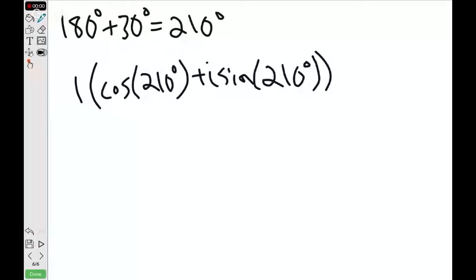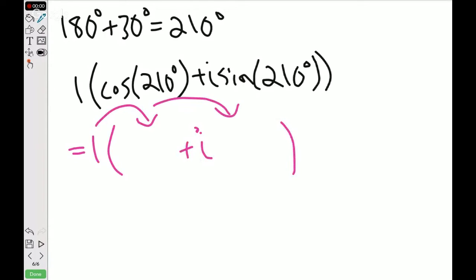Remember that if they ask you to put it to rectangular or back to Cartesian / rectangular, all those same vocab terms that mean the same thing, if they ask you to do that, take what is cosine of 210, what is sine of 210, distribute that 1 here, okay? So I'll let you guys do that because I want to get to that question about the 3 petals, but that's kind of the gist of that type of question, okay?